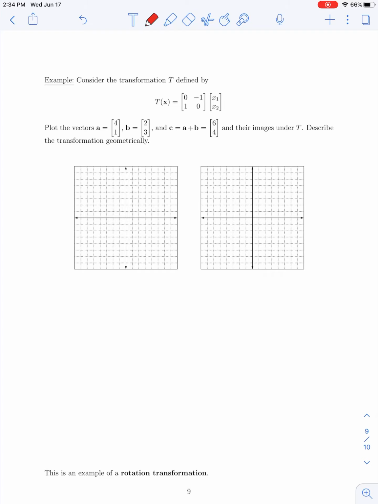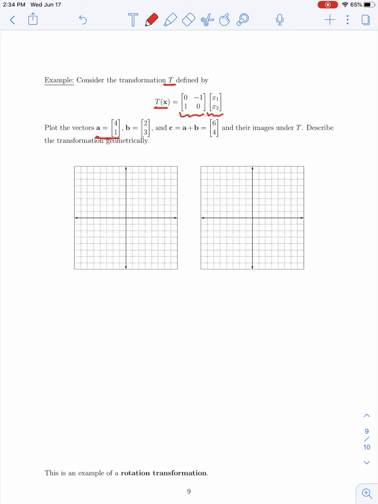So in our next one, let's consider a similar problem. Suppose that we have a transformation T defined by T of x is the matrix [0, -1; 1, 0] times the vector (x1, x2).